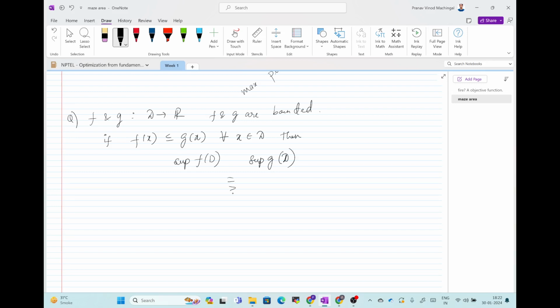Is it equal to, greater than or equal to, less than or equal to, strictly greater than, or less than?